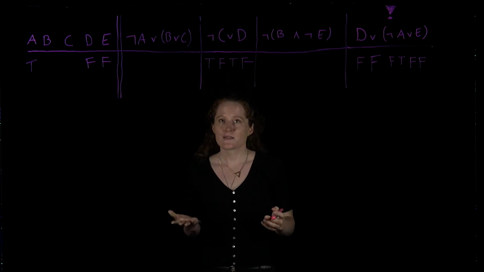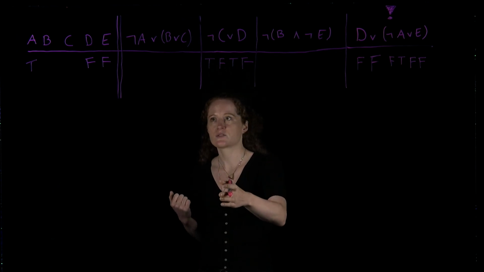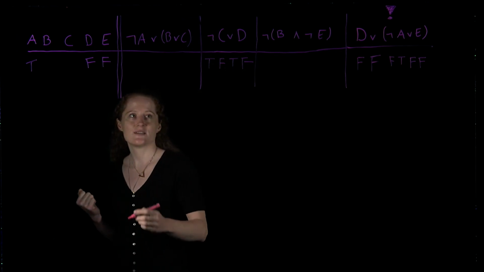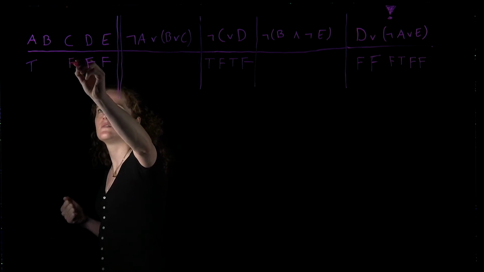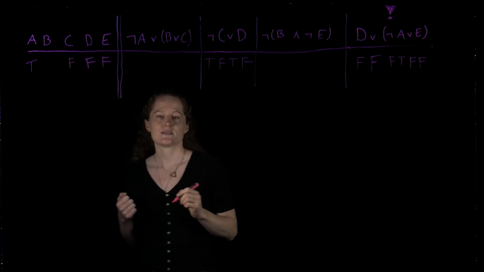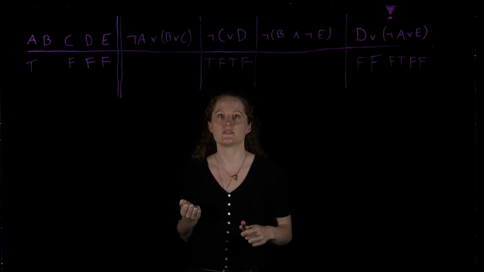So if there's a valuation that makes the conclusion false and all premises true, that valuation must assign the truth value F to the sentence C, since that's the only way of making our second premise, not C or D, true.